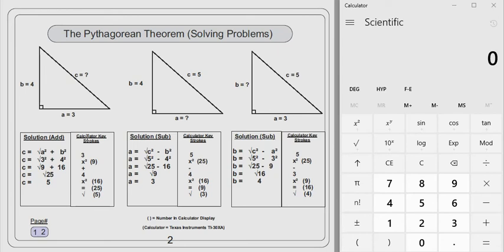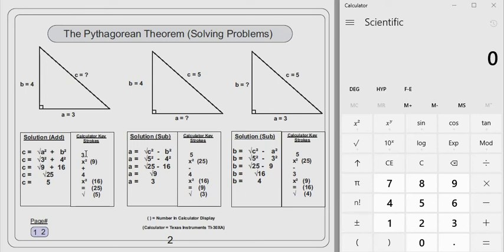And here are the calculator strokes for my calculator, the Texas Instruments 30XA scientific calculator. The numbers you see in the parentheses are what you're going to see in the display of that calculator when you hit the button to the left.